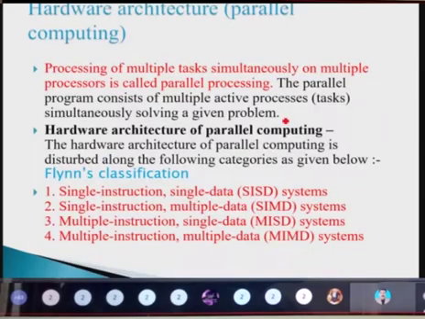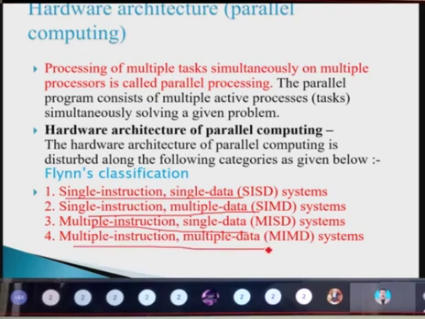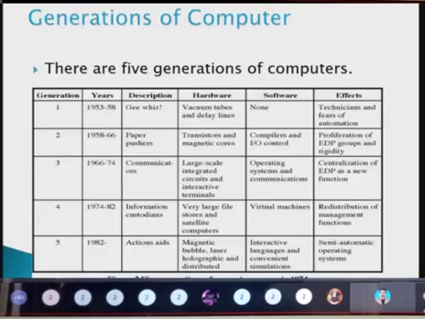And then hardware architecture means parallel computing, the process of how multiple tasks are simultaneously executing on multiple processors, that we call parallel processing. Under Flynn's classification, we have single instruction single data, single instruction multiple data, multiple instruction single data, multiple instruction multiple data. All those things come under Flynn's classification.